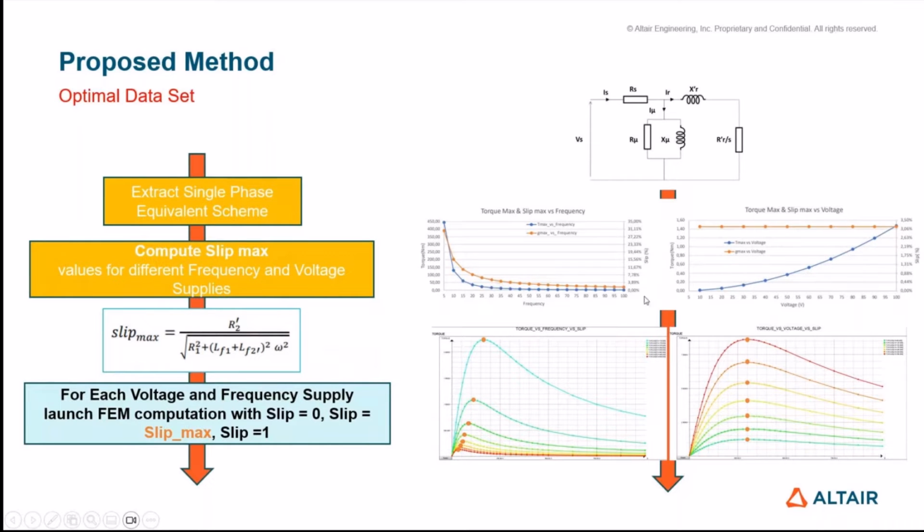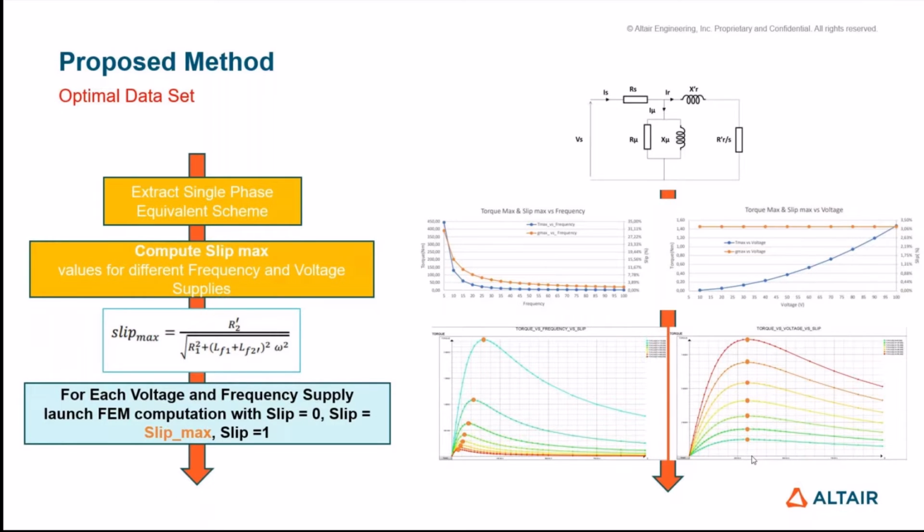And if we plot now the value of the torque max and the corresponding slip max versus voltage, we can see that the value of the torque is constant over the voltage variation, and the corresponding slip is the value that will vary.